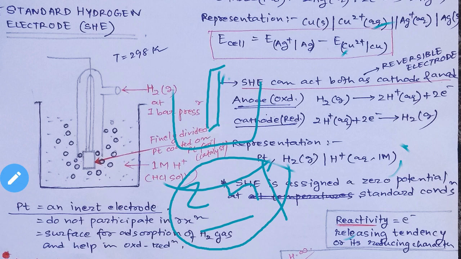Why? Because when I talk about the electrode potential, we are talking about redox reactions, as I have already told you. So there should be oxidation and reduction as well.